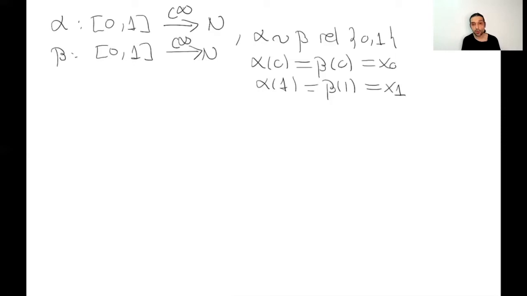What we want to show is that the values associated to alpha and beta are the same. Okay, that's our goal.